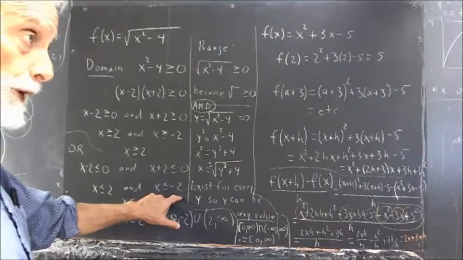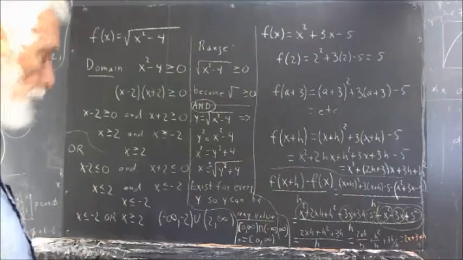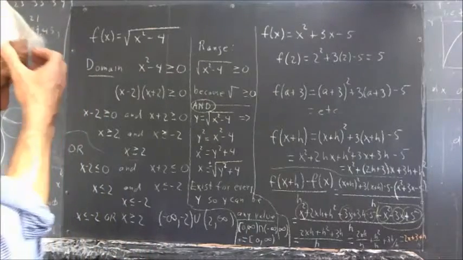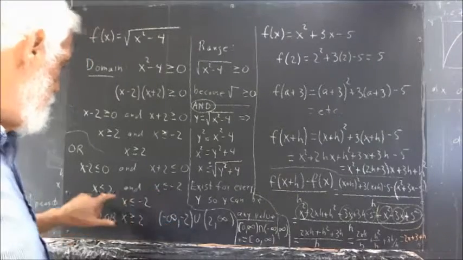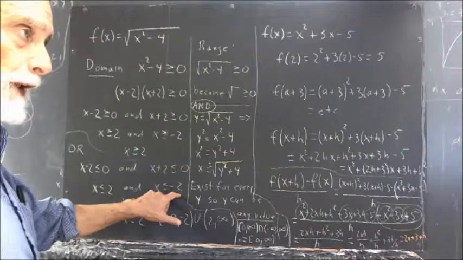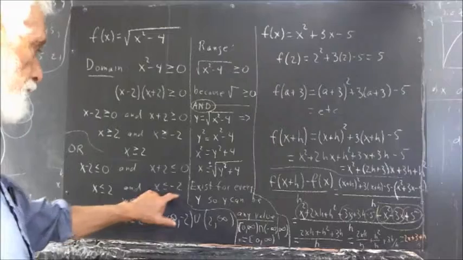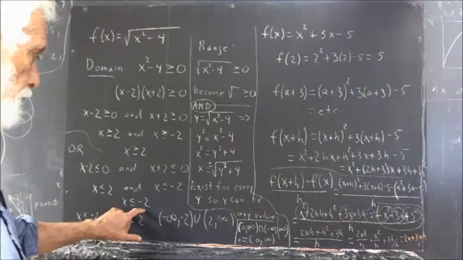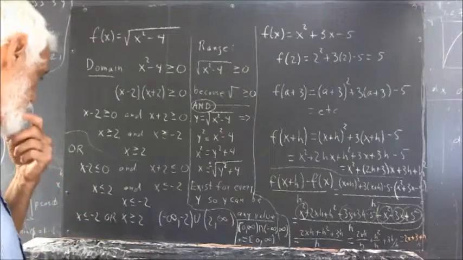If x is less than or equal to negative 2, then certainly it's less than or equal to 2 because 2 is greater than negative 2. So there are solutions of this that don't satisfy this, but there are no solutions of this that don't satisfy this. All the solutions of this satisfy this. Therefore, when we combine the inequalities, we get x less than or equal to negative 2.